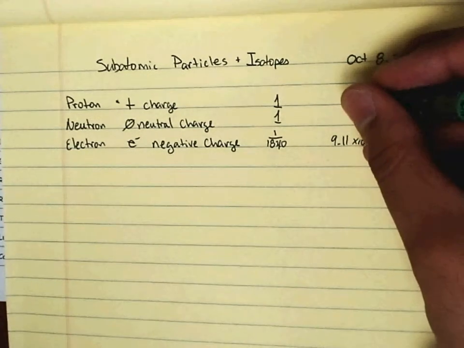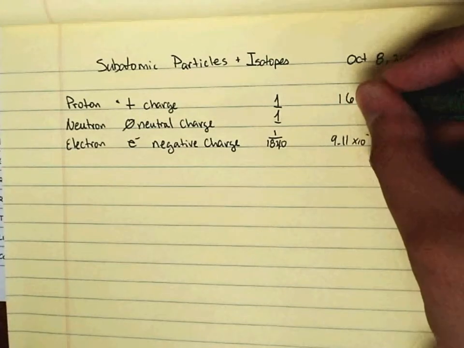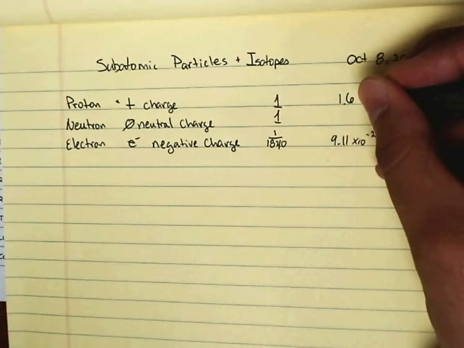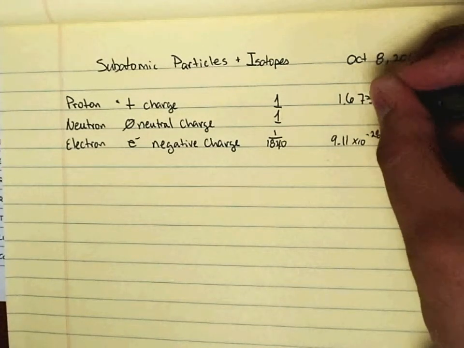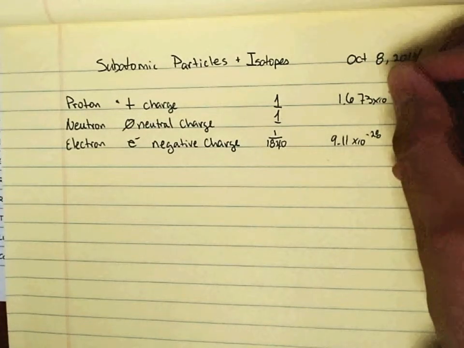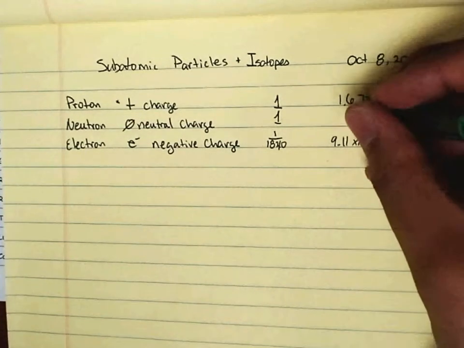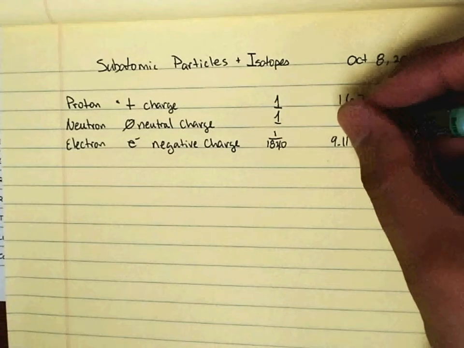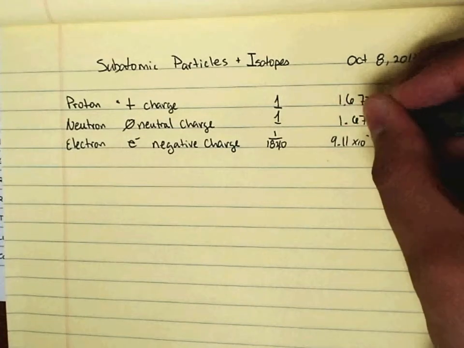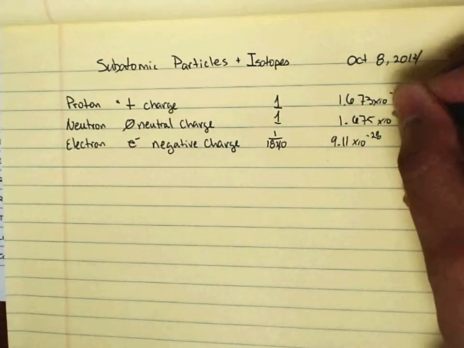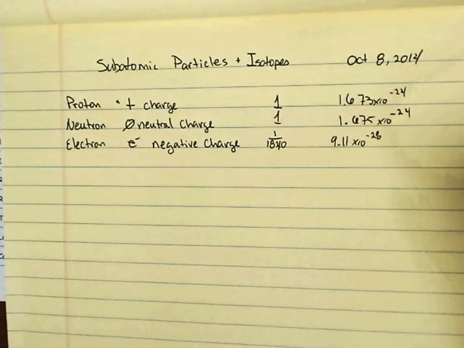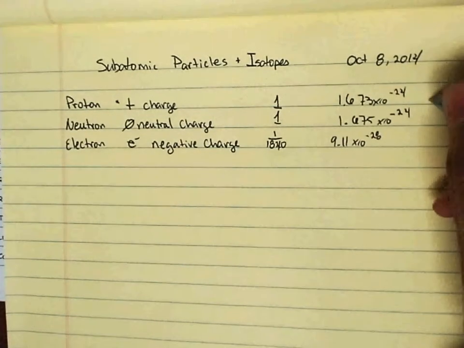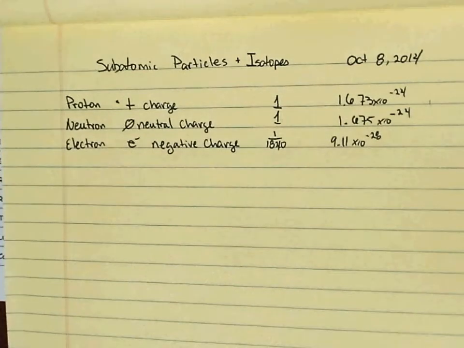The proton is much heavier at 1.673 times 10 to the negative 24. And the neutron is 1.675 times 10 to the negative 24. And we're going to actually see why these two are a little bit different in coming months.